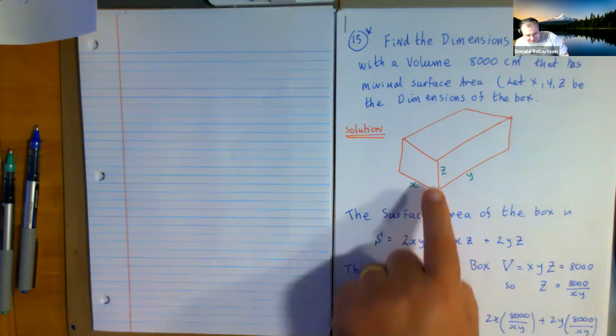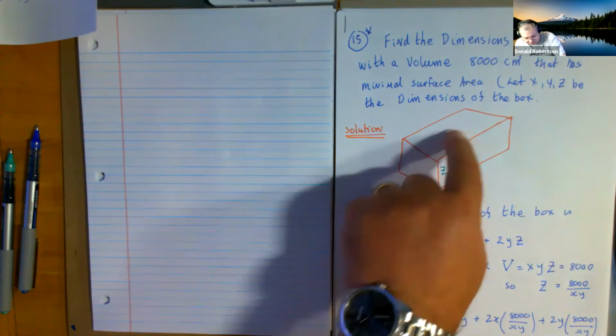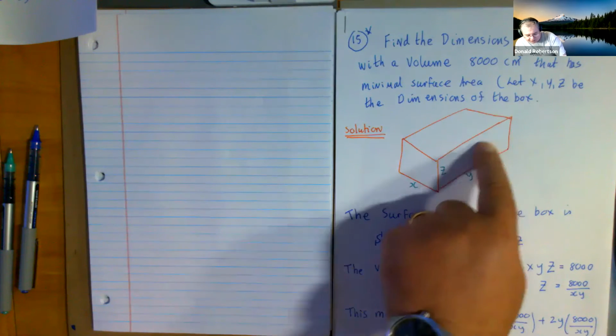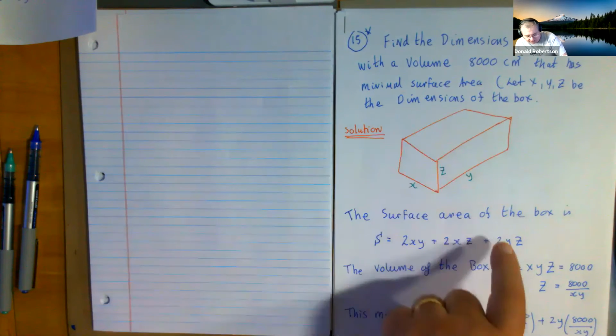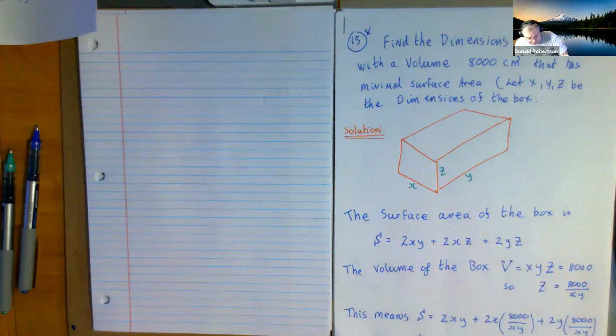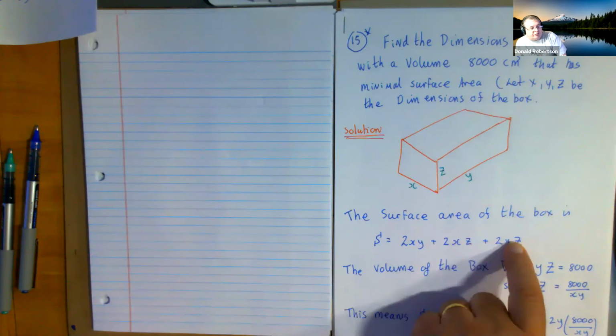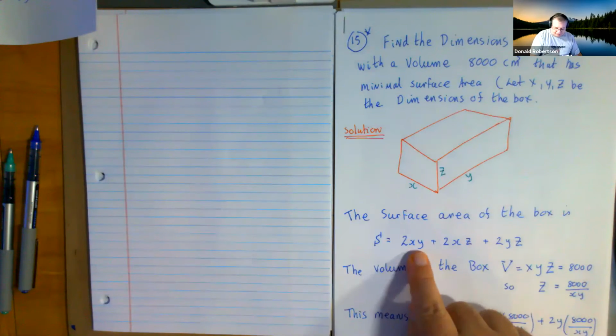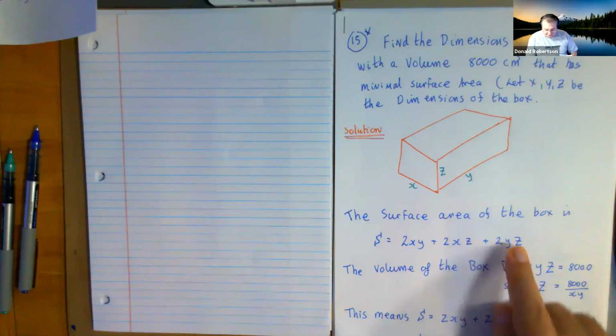Now in this shape, that face and that face give you 2 XYs. This is YZ, or one at the back, YZ, and the top and the bottom give you that. Can you see then that you get 2 of these plus 2 of these plus 2 of these? That's the surface area of that shape. It's basically made up of 6 rectangles.